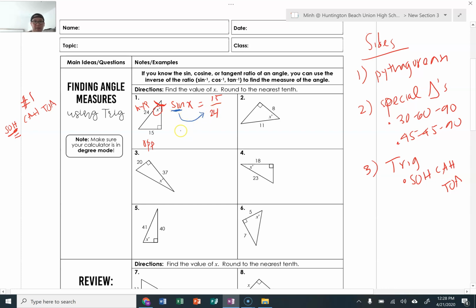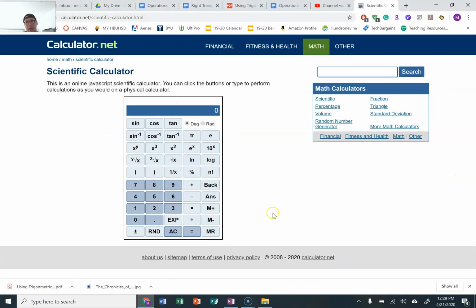When we move it to the other side, X is equal to sine of negative 1, because it's going from the left to the right side, of 15 over 24. And this is the only thing you need to put into your calculator to solve for the missing angle. So let's do that.